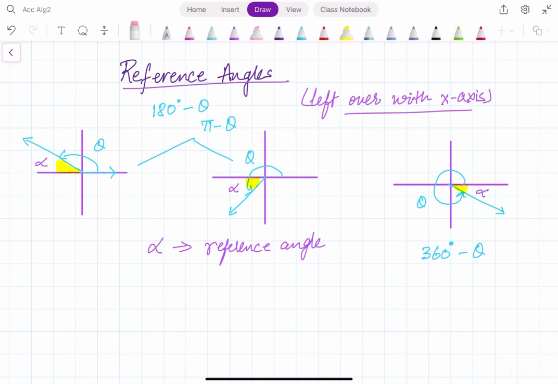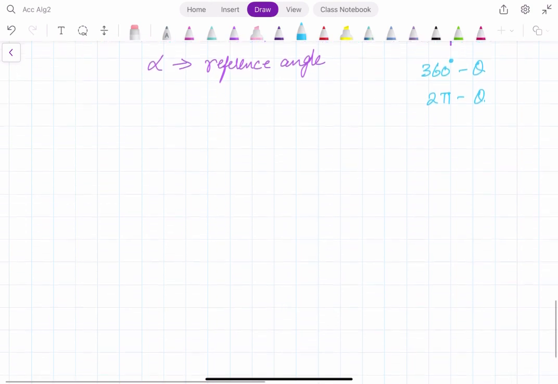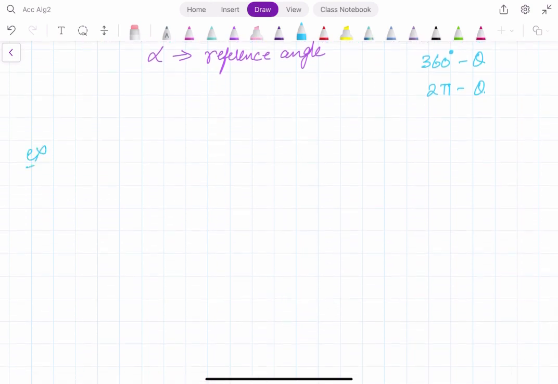But 2 pi minus theta would be the right way to represent it. For the second option, instead of writing 180 degrees minus theta, because theta is greater than 180, we can say theta minus 180 degrees or theta minus pi. So this is what the reference angles are.